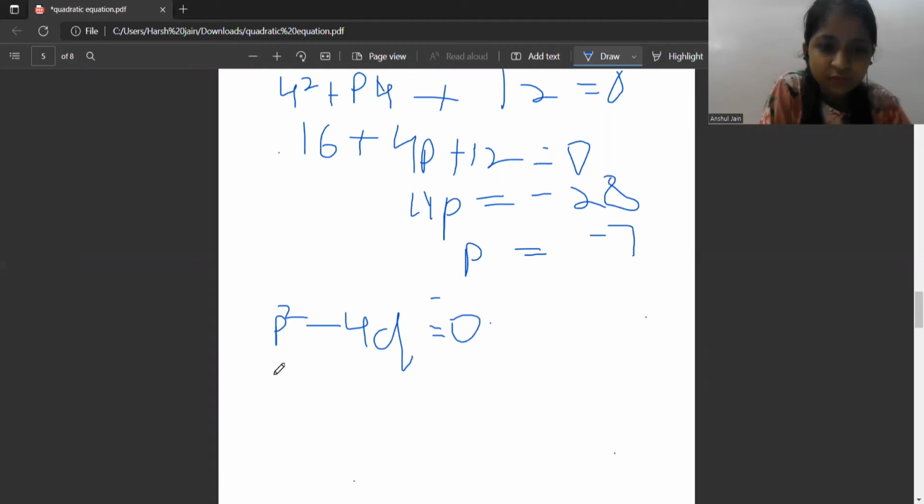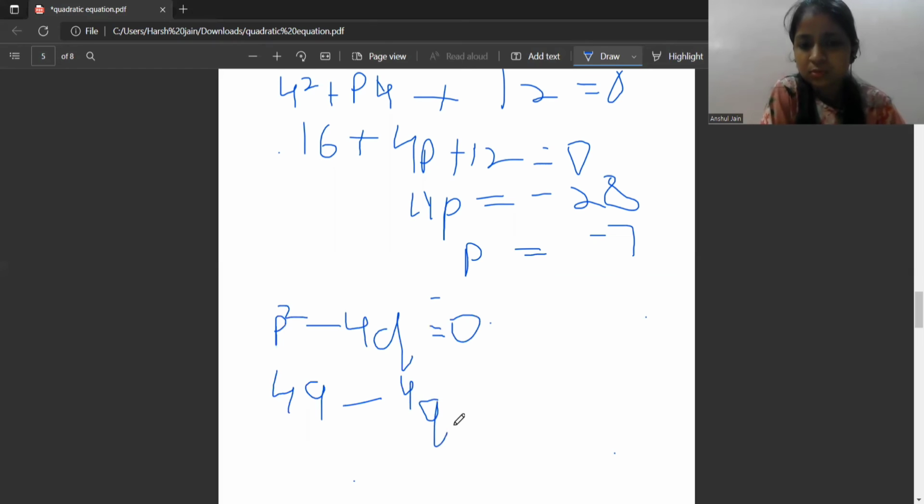And squaring it, we get 49. 49 minus 4q is equal to 0. So what is my value of q now? q is equal to 49 divided by 4, right? So I get the value of q. Now my question is done.